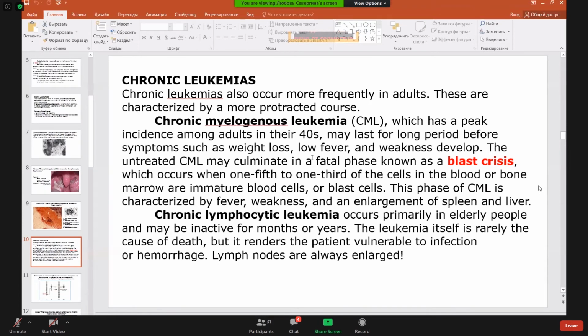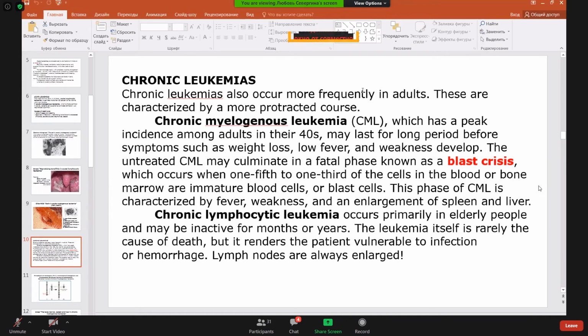And now we will discuss the specific features of the chronic leukemias. Chronic leukemias can be revealed predominantly in adult patients. And I told you earlier, these leukemias are characterized by a protracted course. In these leukemias, doctors very often reveal the alternation of periods of activation of the disease and remission phases.